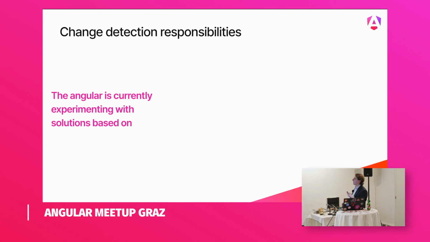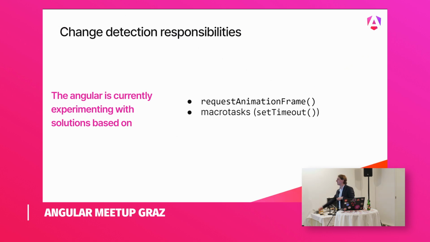And currently, the Angular team is experimenting with different solutions. I've seen some implementation with requestAnimationFrame, so it just checks regularly if there is something dirty and triggers change detection, or another one based on a macro task with setTimeout.